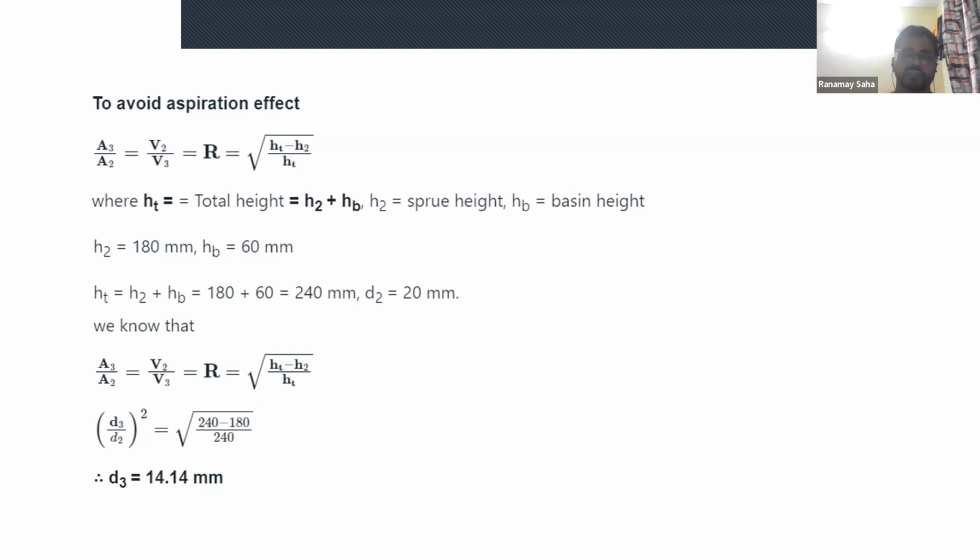So there is a gap between the screw wall and the pouring molten metal. It traps some air bubbles, which then become porosity in the finished casting. So you must avoid this aspiration effect.